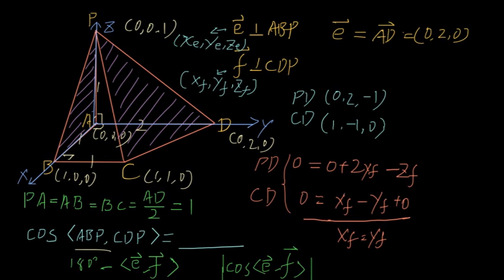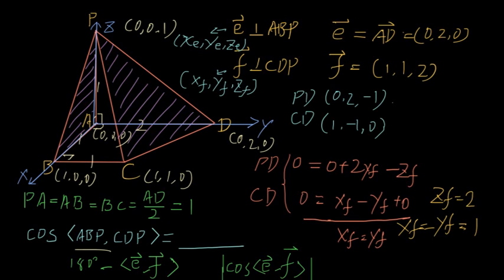But again, does it really matter? Let's just give z a random value. Let's say zf is equal to 1. Actually, let's have it be 2. If zf is 2, then yf is equal to xf is equal to 1. And then we can say F is equal to 1, 1, 2.